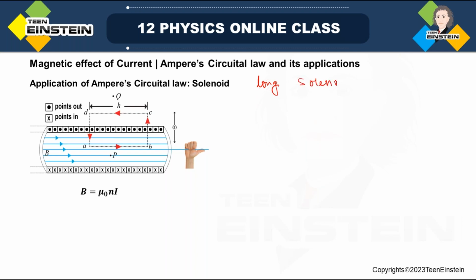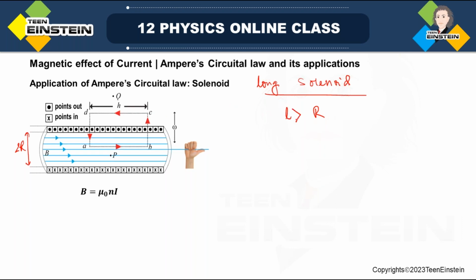So how do we define a long solenoid and a finite solenoid? Suppose it has diameter 2r, capital R. This r must be much less than the length of the solenoid.